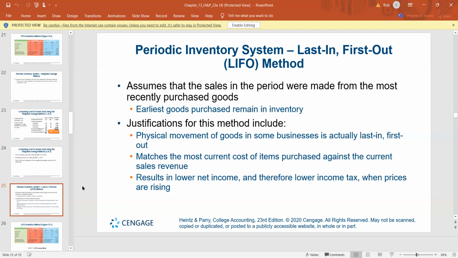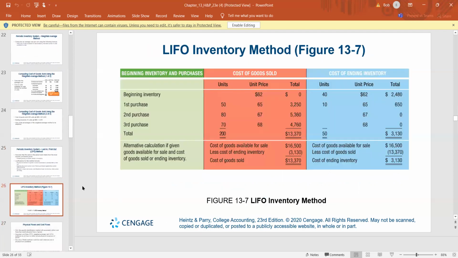But the real reason companies choose these different methods is for tax purposes. Your net income is going to be different under all four methods. So we'll take a look here. Cost of goods sold, okay, we sold 200. Under this method, we sold the 70 in the third purchase.